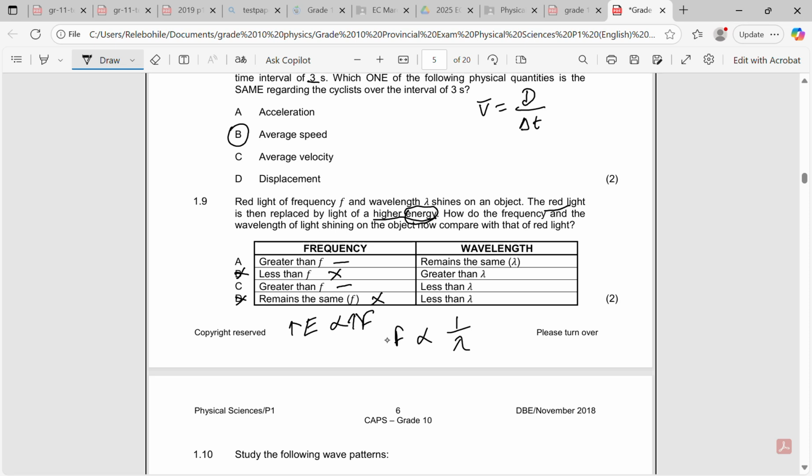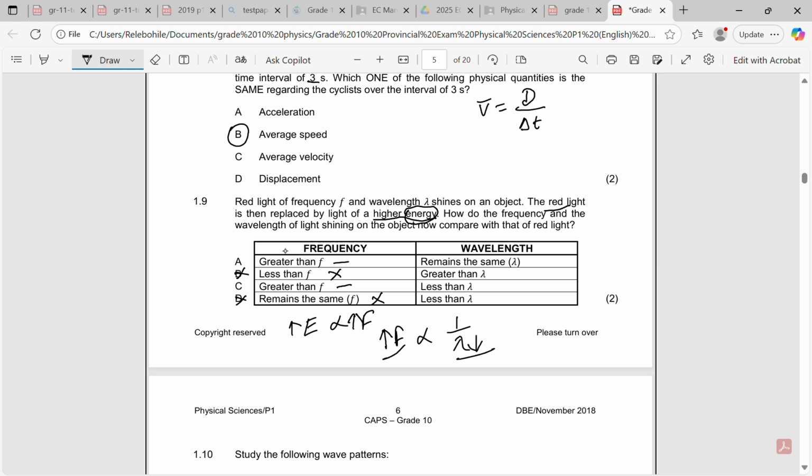If I increase my frequency, I should decrease my wavelength. So if I have more frequency, then I will have less wavelength. So that's what you're going to look at. Are we having a greater frequency and a smaller wavelength?